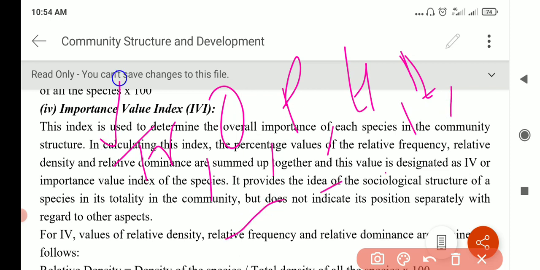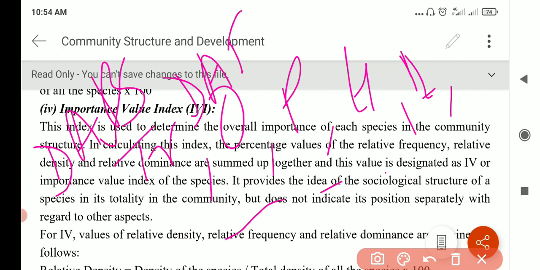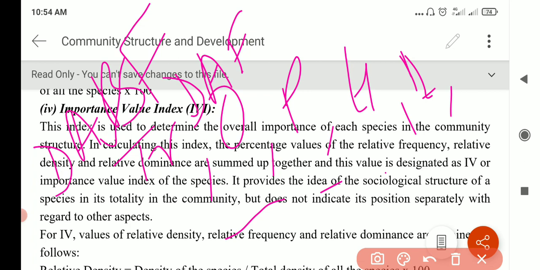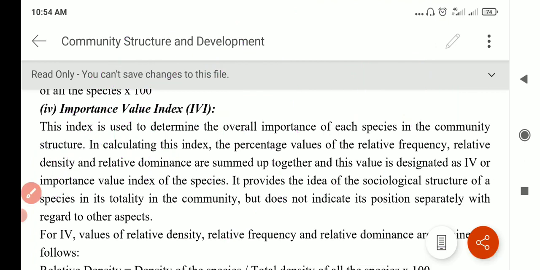Then you have to compare how dense it is, what's the density, what's the abundance, what's the basal area, frequency, everything. You have to find this for each of the others, and then you compare who has the overall best importance out of them.